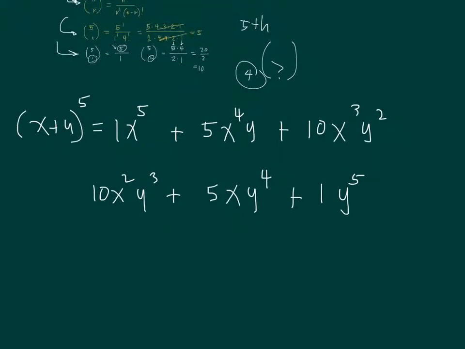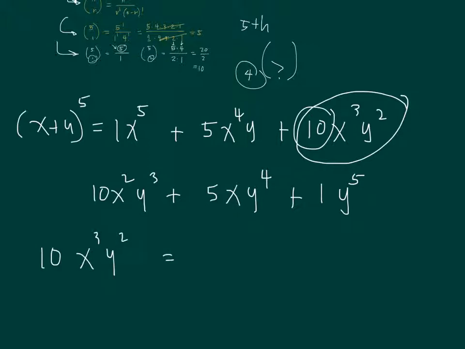Now if you take a look at one of the terms, say this example. A while ago we were talking about the combination formula. So let's have 10x^3y^2. Now the 10 came from 5 choose, this is first, second, third, so the number here should be 2.